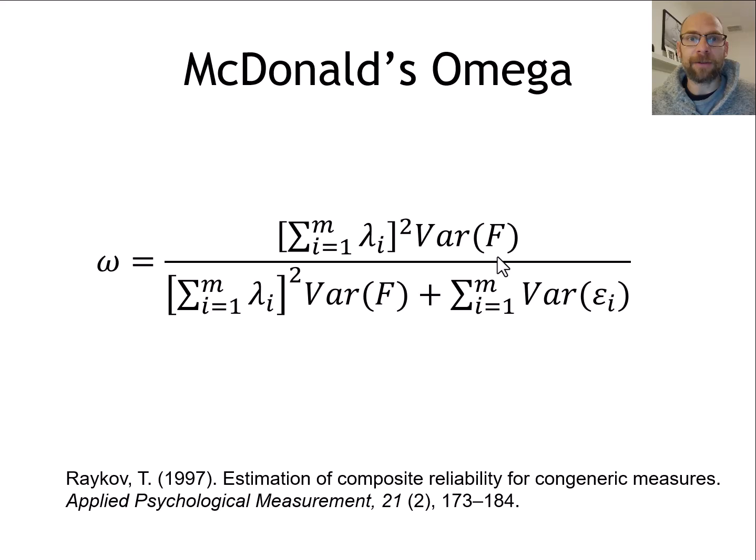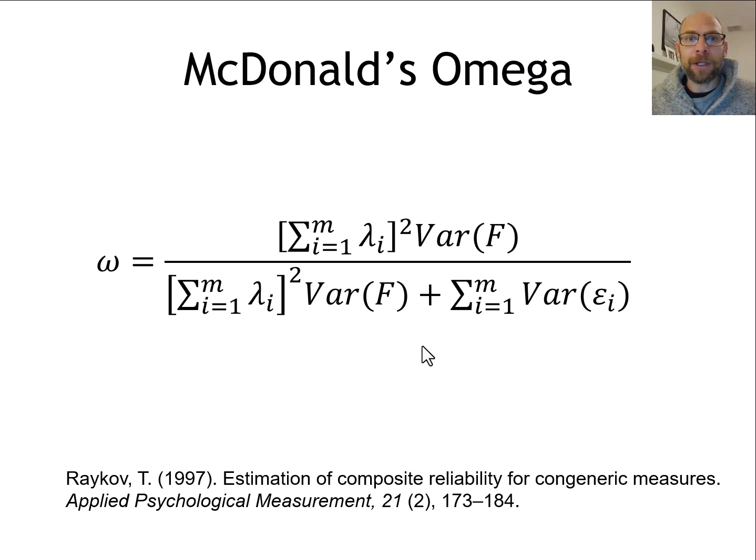We should fit that to our data and see if it fits, and then if it does fit, we can derive McDonald's omega from the parameter estimates of that single factor model. We also have the epsilon variances here, so those are the error variances. This is a pretty complex formula to use by hand, and typically we wouldn't like to do this by hand because it's complicated and we might make some mistakes.